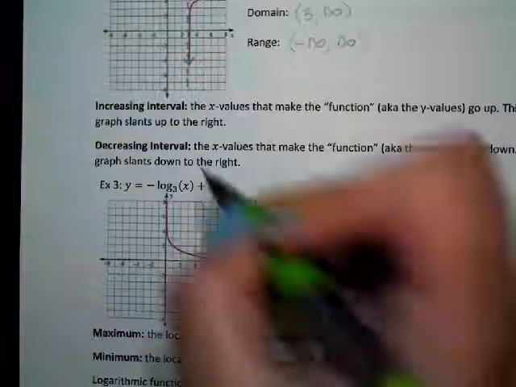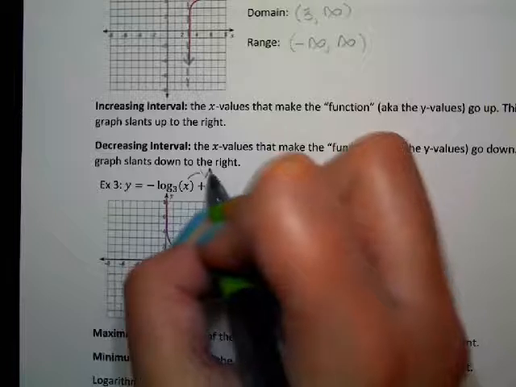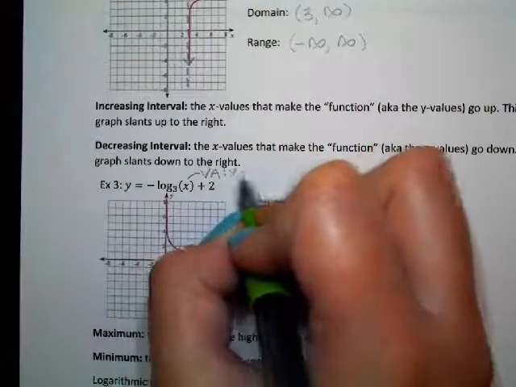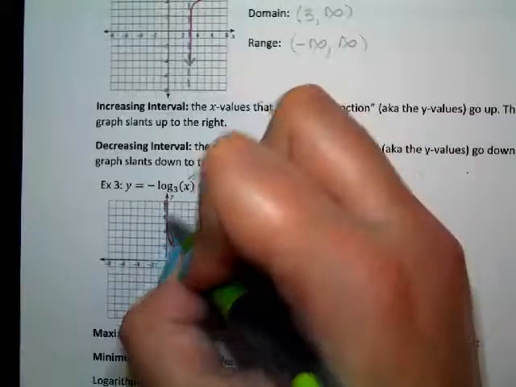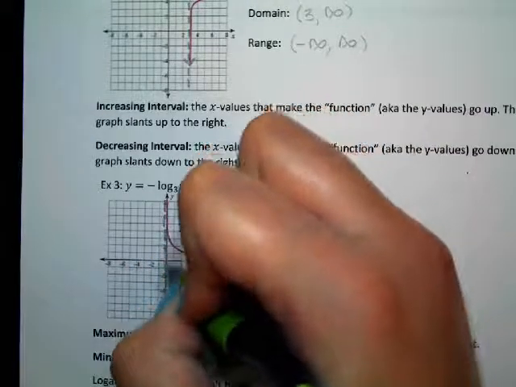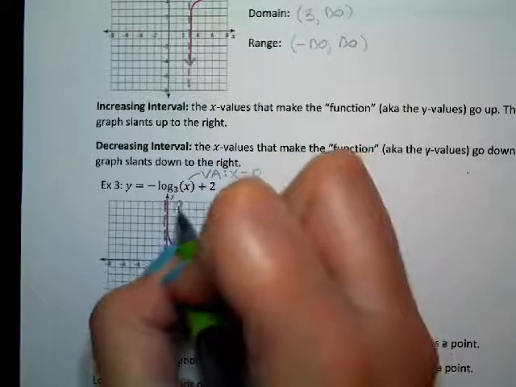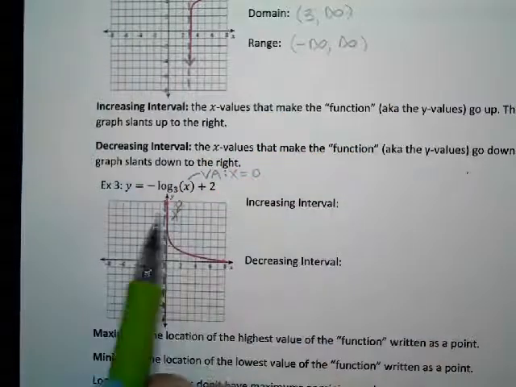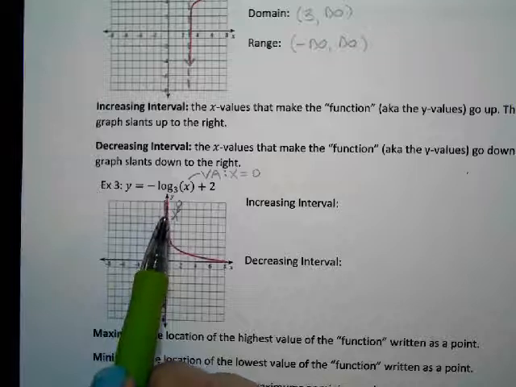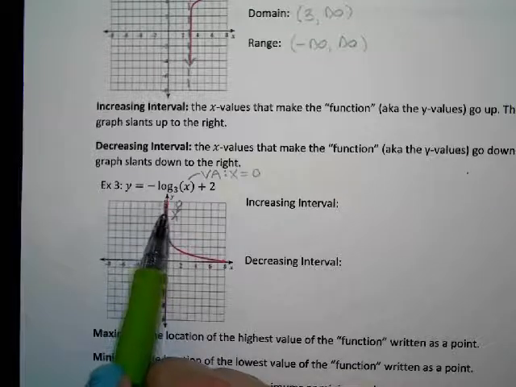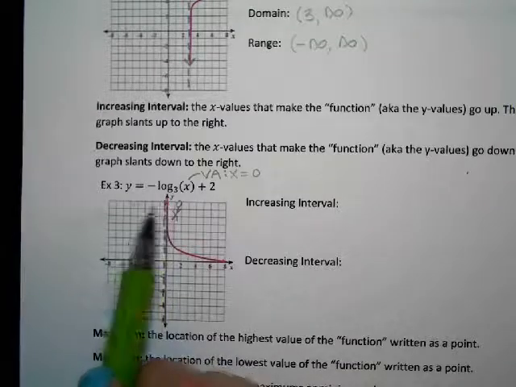So here we have our vertical asymptote, x equals 0, right there. If I put a little stick figure guy right here, the arrow's going up, but the arrow is being blocked by the asymptote from going left forever. It cannot go left forever.